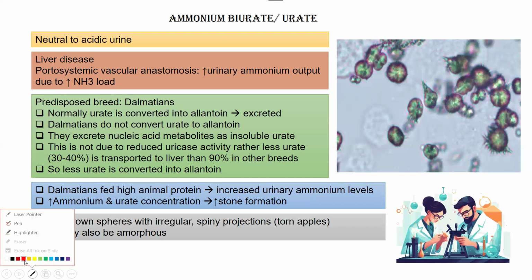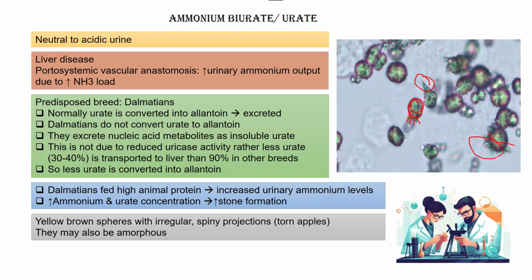If you are seeing this diagram, you can see they are spheres, and along with the spheres, they have these tiny, irregular spiny projections.